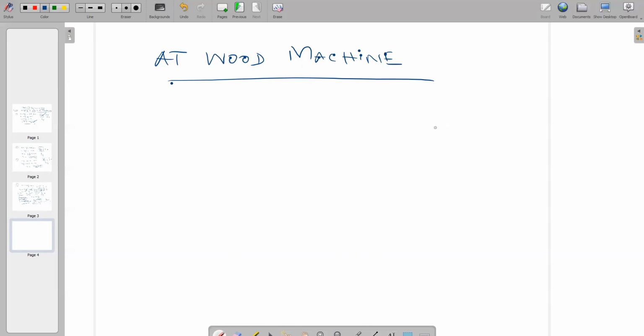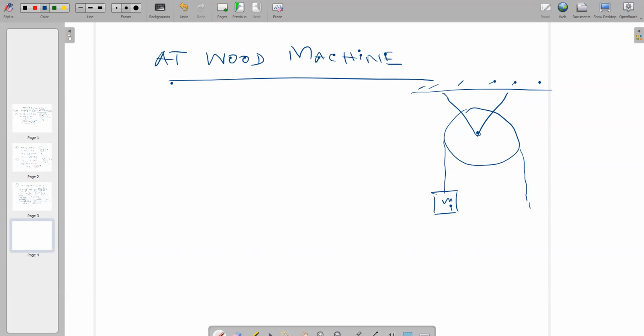Atwood machine mean that if we have a pulley, this is a pulley, and this pulley is attached with some support here, and a string or a rope is passing on this pulley, and here is one mass, and this mass is M1. And with the same string or rope, the other side is here, and there is another mass, and this is M2. Okay. So the weight is acting vertically downward.